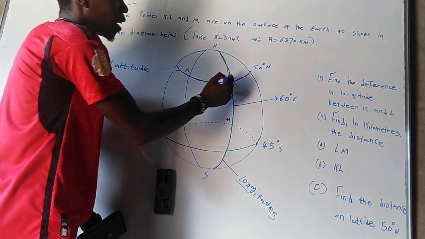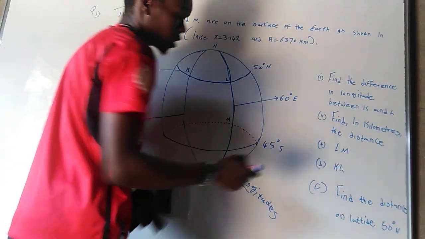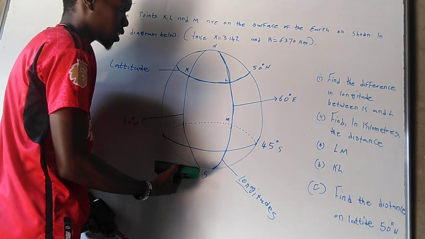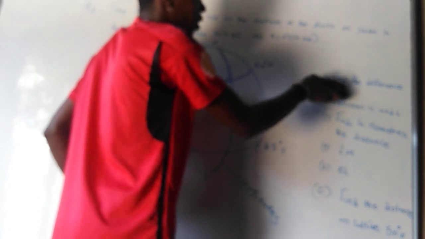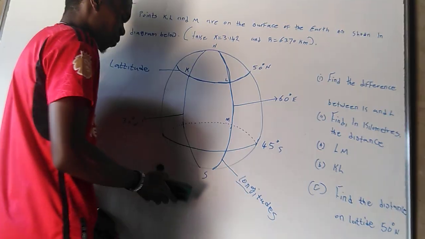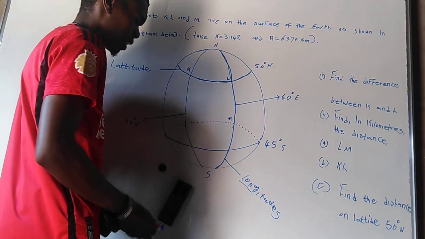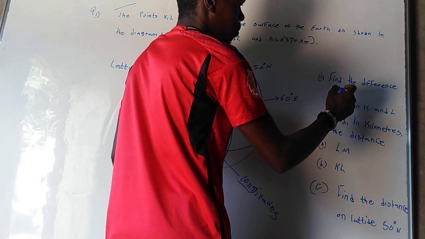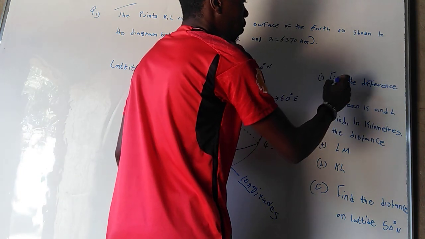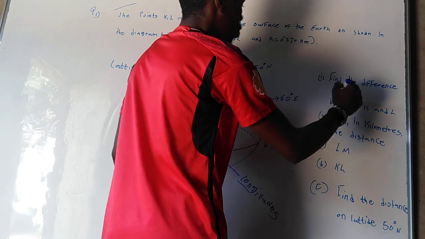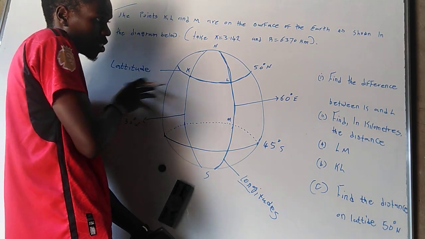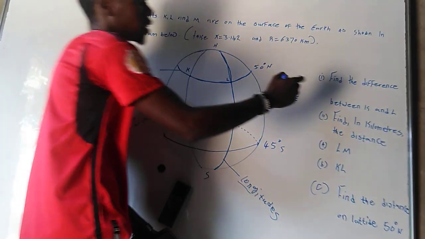So this is KL. Let me change this. So find the difference between the latitudes. From your west to your east, these are latitudes.